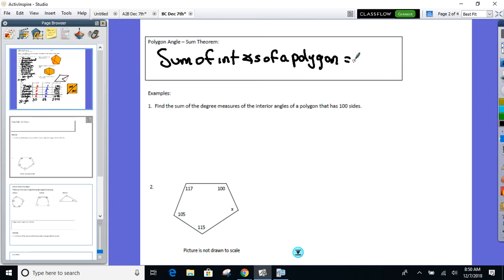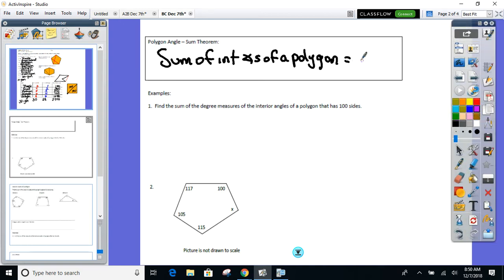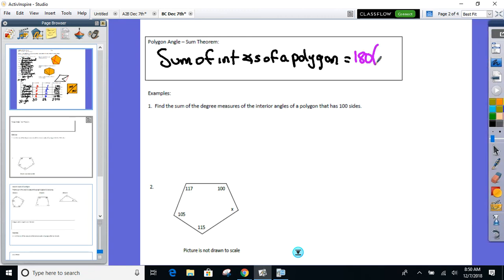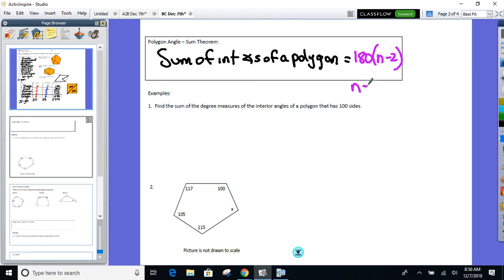Number of sides minus 2, times, remember, I'm just finding the final answer here, the sum. So the number of sides minus 2 times 180. And here's how we're going to write it. 180 times, in parentheses, n minus 2. And what do you think n represents here? Number of sides.